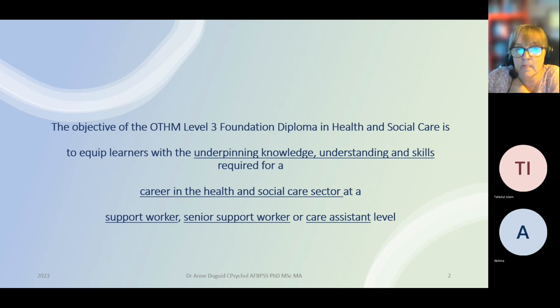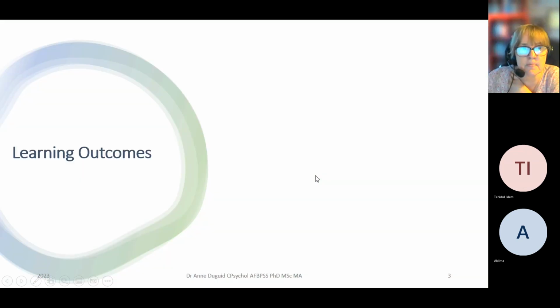Now, it's important that we remember why we are doing this, because sometimes when we do courses and we don't go back to the basics of the purpose of the course, it can sometimes feel like what we're learning is a lot of facts, a lot of information, but we're not quite sure how it all fits together and what the purpose is. So it's really important to keep in mind what we are trying to achieve.